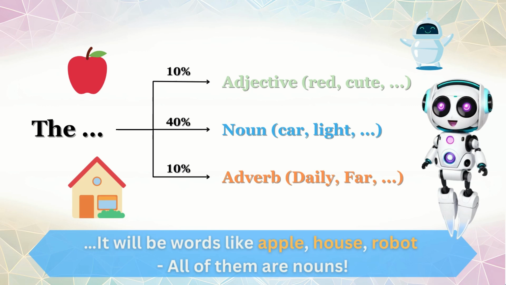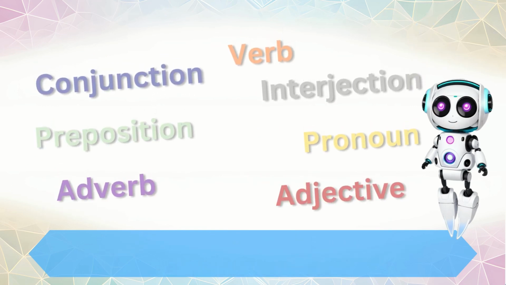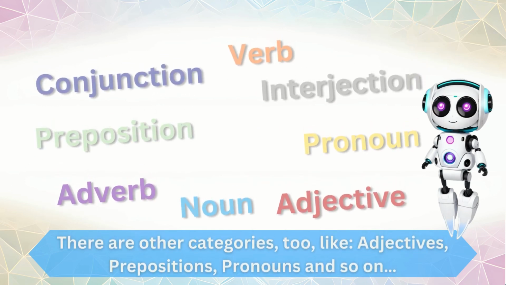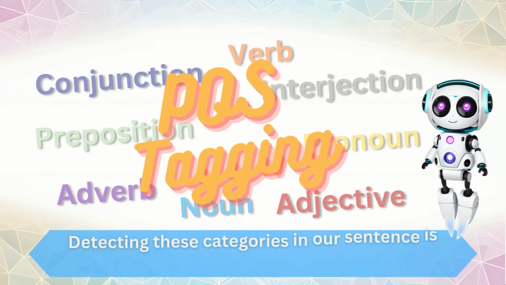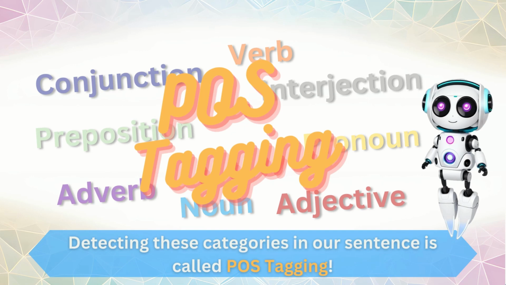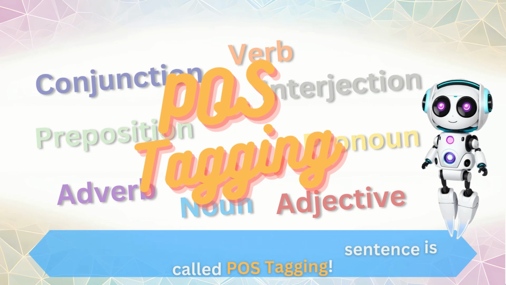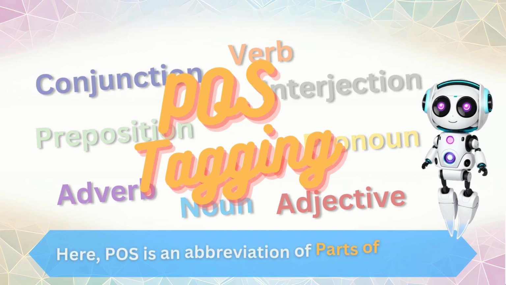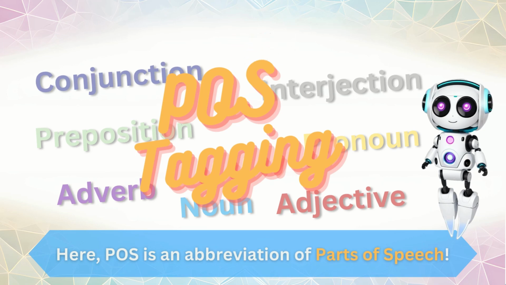All of them are nouns. There are other categories too, like adjectives or prepositions, pronouns, and so on. Detecting these categories in our sentences is called POS tagging. Here, POS is an abbreviation of parts of speech.